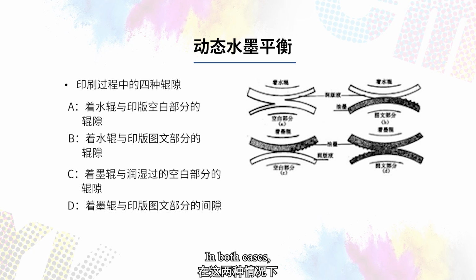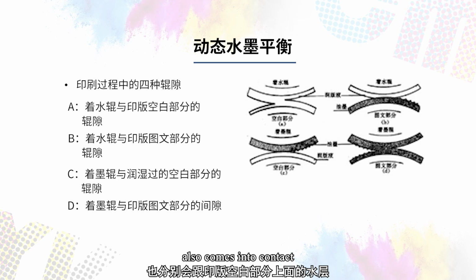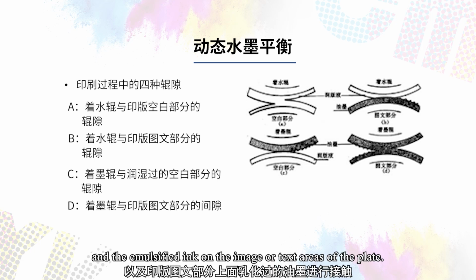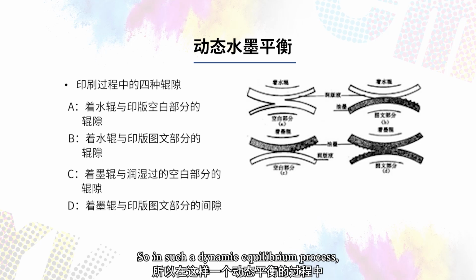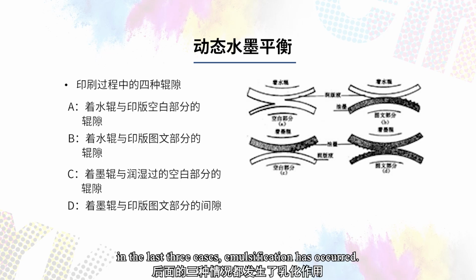In both cases, the ink on the inking roller also comes into contact with the water layer on the blank areas of the printing plate, and the emulsified ink on the image or text areas of the plate. Further emulsification also occurs. So in such a dynamic equilibrium process, in the last 3 cases, emulsification has occurred.